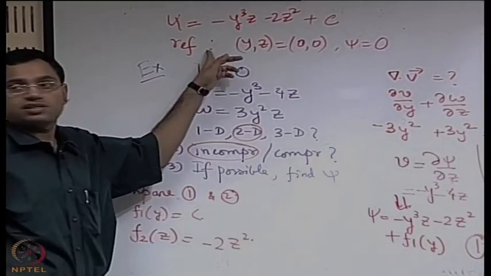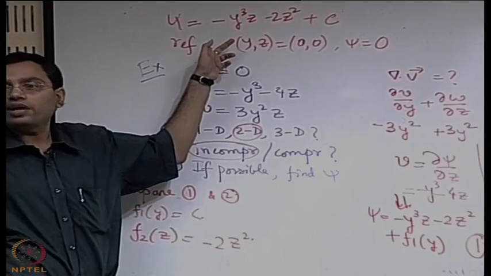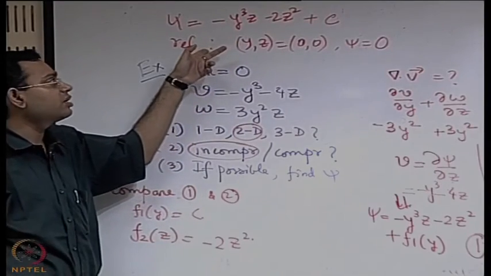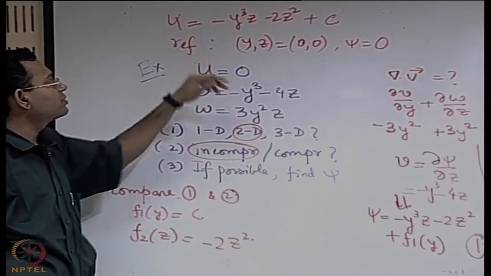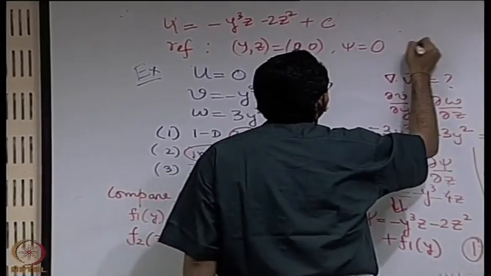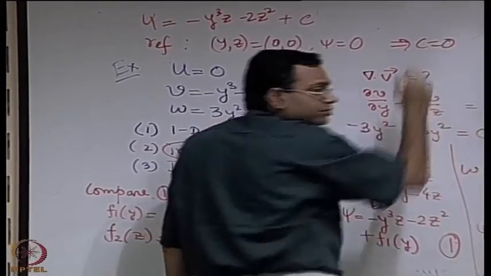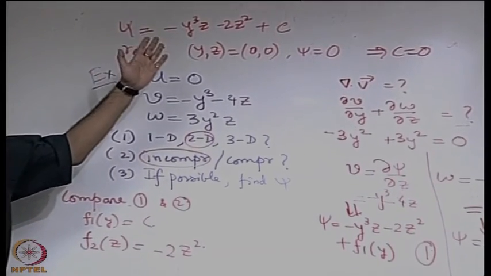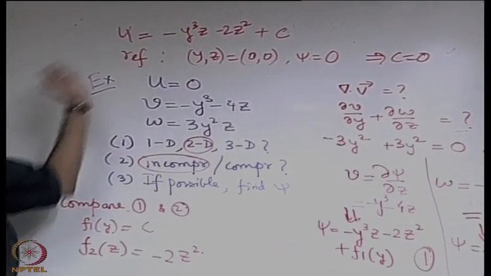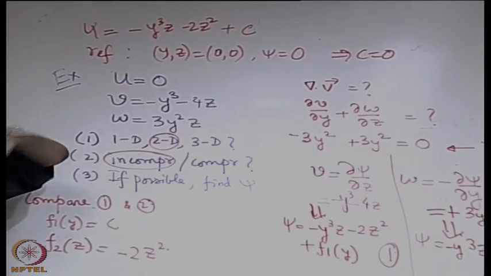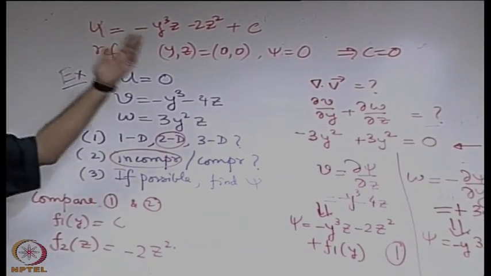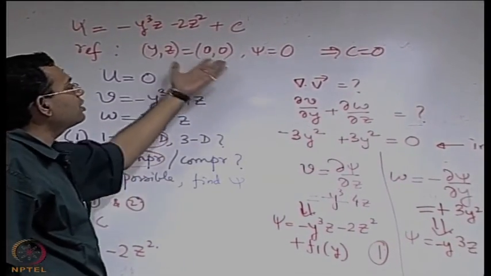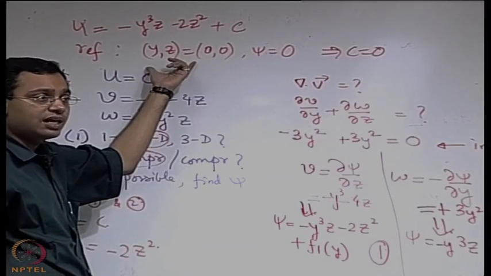Remember, it is not a must, it is just your choice, and always such choices are convenient because then you come up with an expression which will have c equal to 0. It does not matter whether c is any arbitrary value or not, because at the end the difference in stream function is what is important, that c will get cancelled if you find out the difference in stream function. But for working convenience you may set your references in that way.